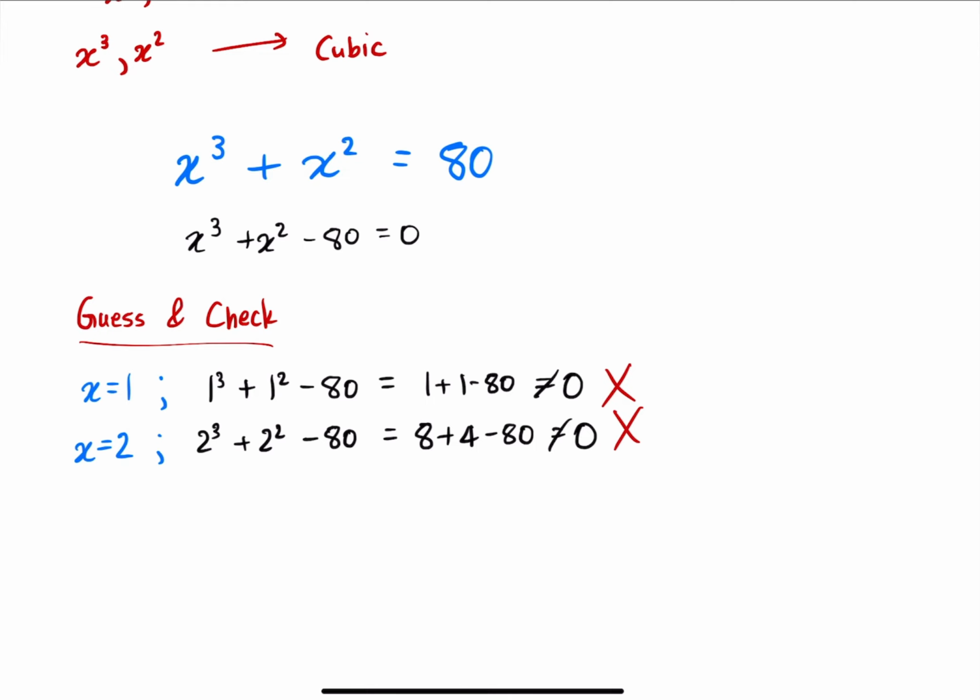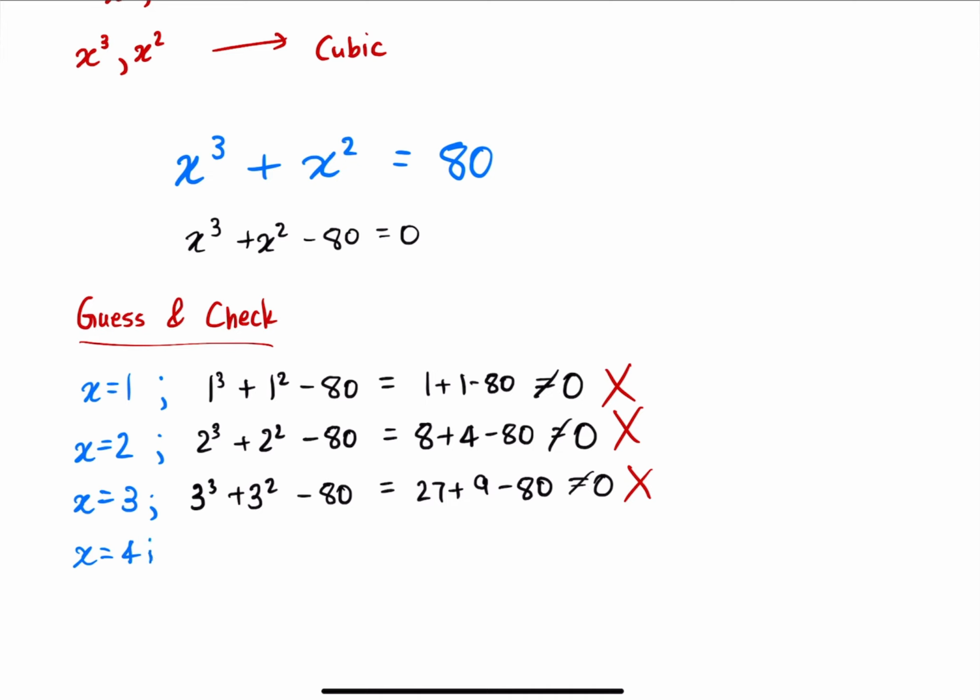Now let's see if x equals 3. That would give us 3 cubed plus 3 squared minus 80, which is 27 plus 9 minus 80. So that gives us 36 minus 80, which is again not 0, but we are getting closer to the answer. Now let's see if x equals 4.